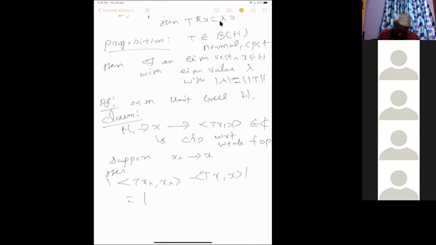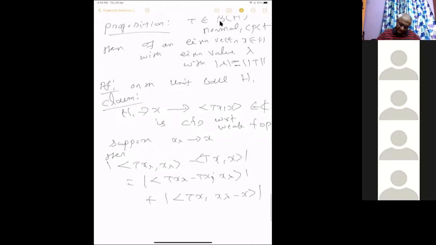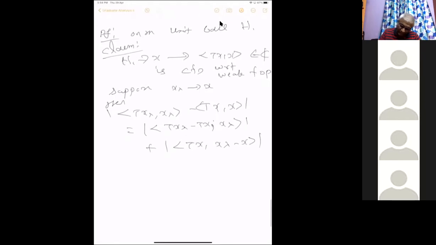This is less than or equal to |<Tx lambda minus Tx, x lambda>| plus, I have subtracted minus Tx, so that will be there, |<Tx, x lambda minus x>|. This is fine, I just use the triangle inequality.